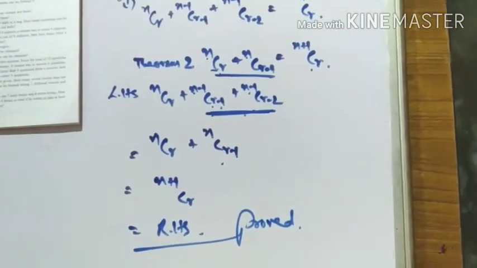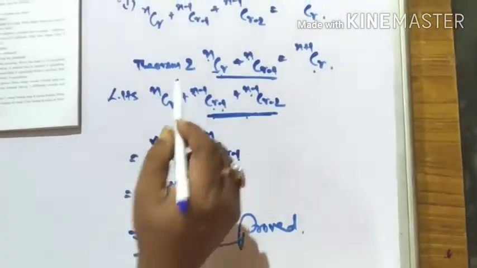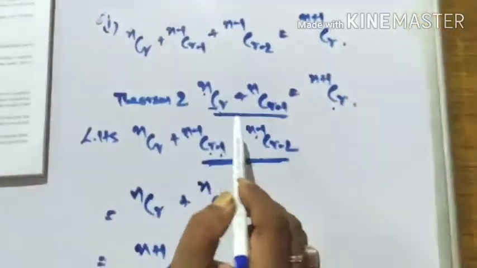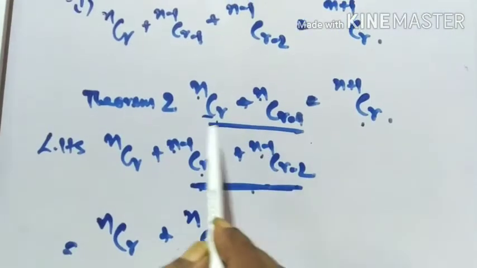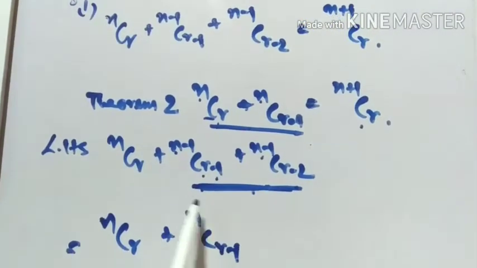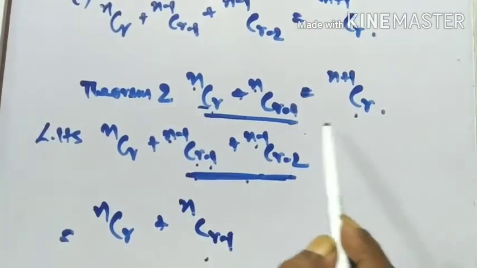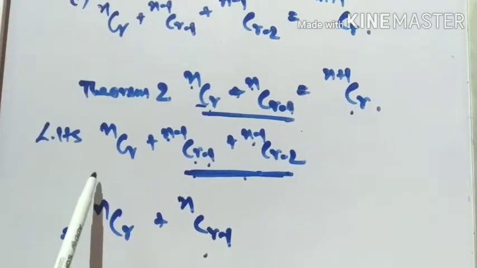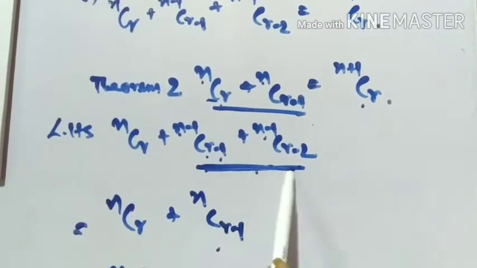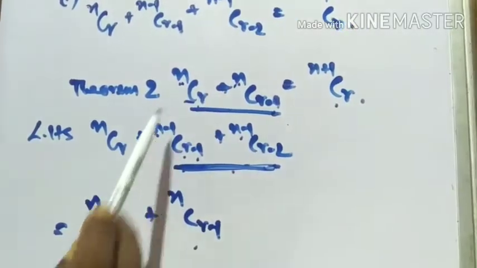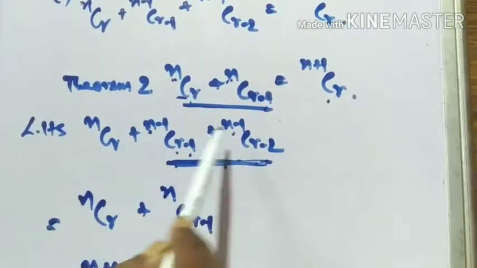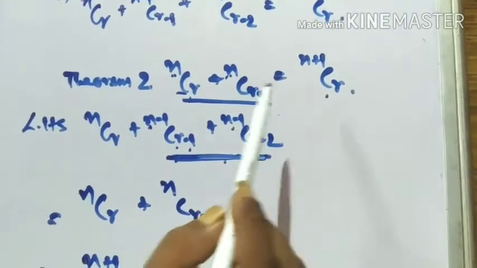I think it is clear. It is very easy, because only theorem 2, which is given in your book, has been utilized to solve this problem. Here is the theorem I have written. Now this is the left-hand side. You compare this and the theorem. See, n and n are the same. Here n-1, n-1, both are the same.